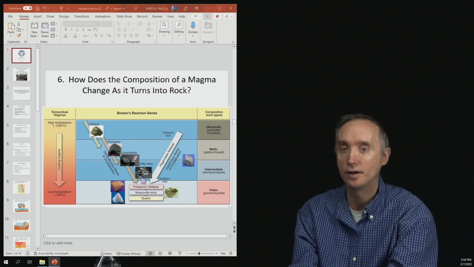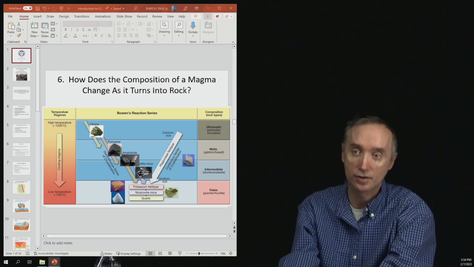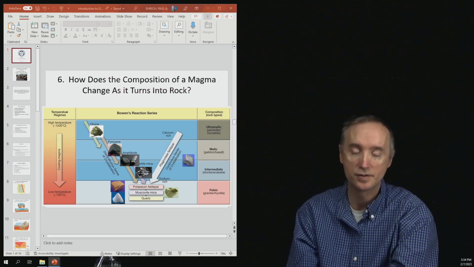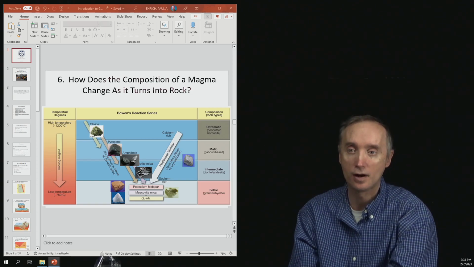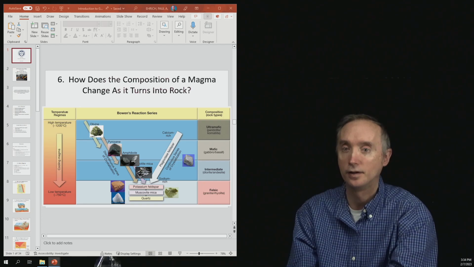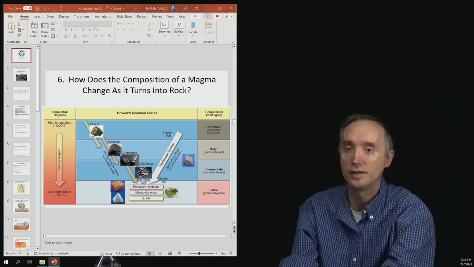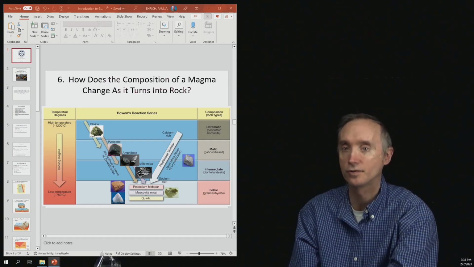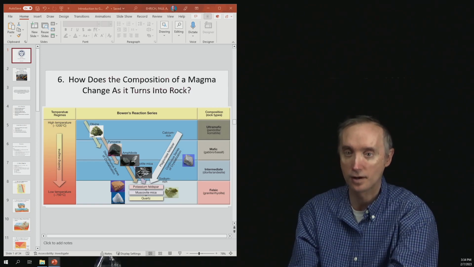What you end up with is an intermediate kind of rock. This is also where mica is coming from. An example of an intermediate rock would be andesite. Andesite is not really dark like an ultramafic, but yet it's not really light like a felsic rock, like granite.